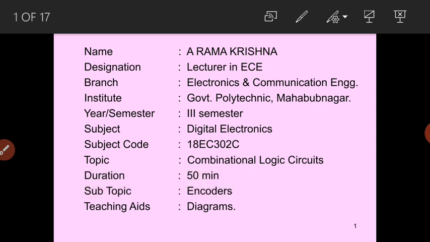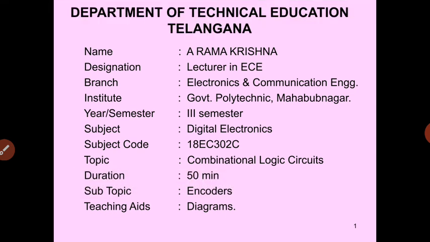In continuation of the present lecture, after the completion of decoders, we have finished discussing the normal 2 to 4 decoder, 3 to 8 and 4 to 16 decoders, and apart from that we have also seen one special type of decoder, the BCD to decimal decoder.